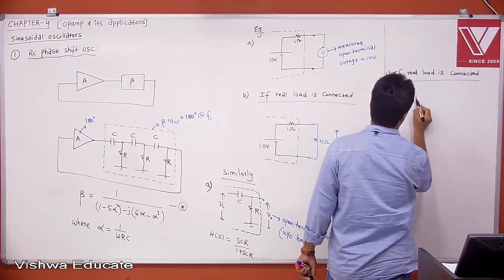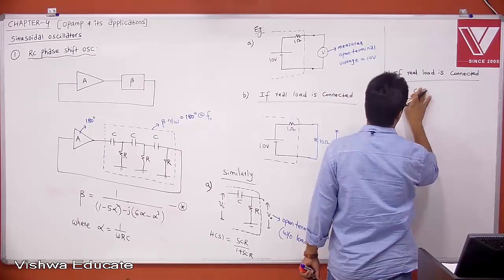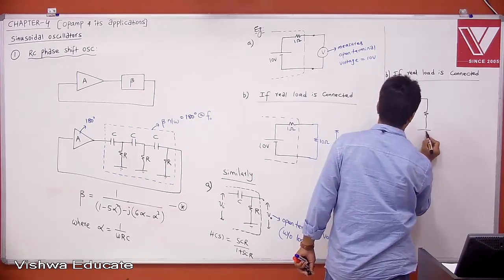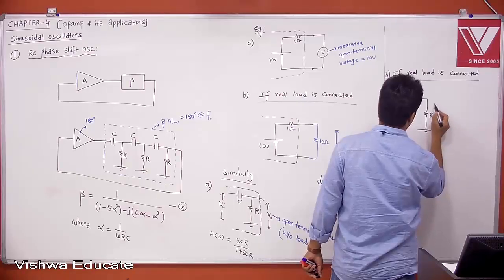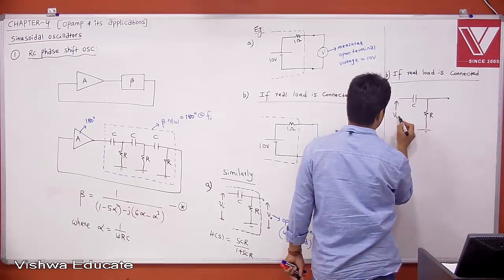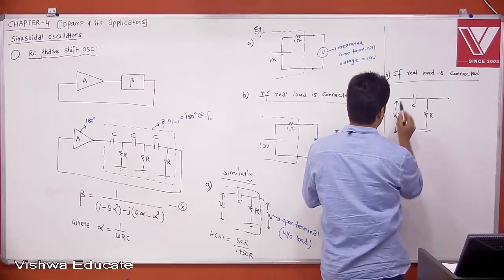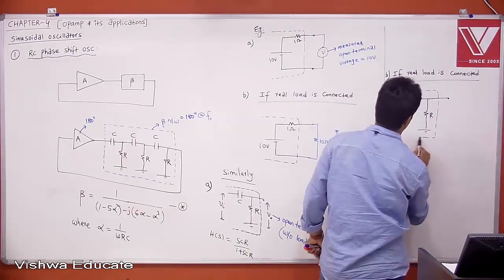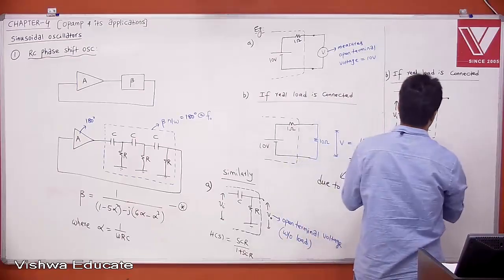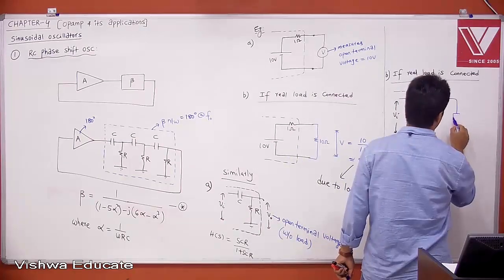This is your capacitor and this is the resistor, and this is your output. Now a real load is connected and this is your Vi. Then this is your black box. We are expecting the same V0, but with some load connected.